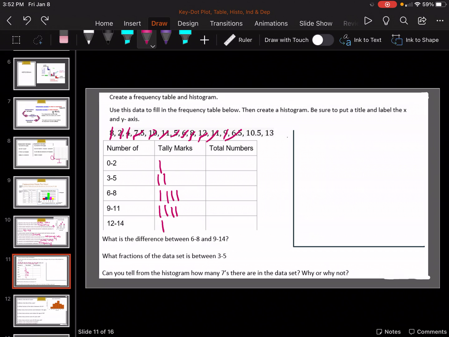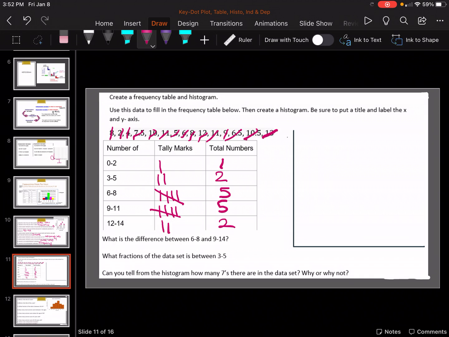Okay, so for this one, notice I did the tally mark, I crossed it out. 10.5 and 13. Okay, so 1, 2, 5, 5, 2.